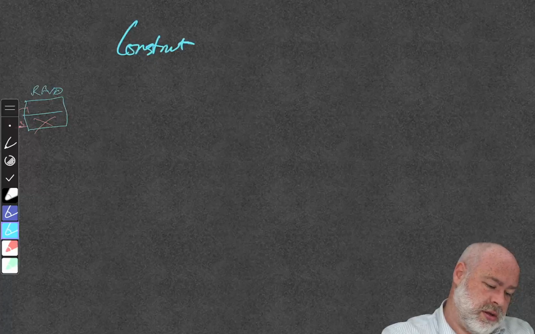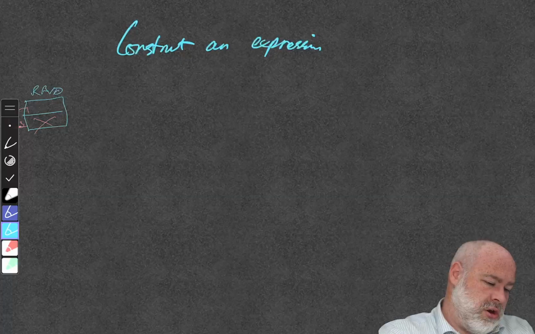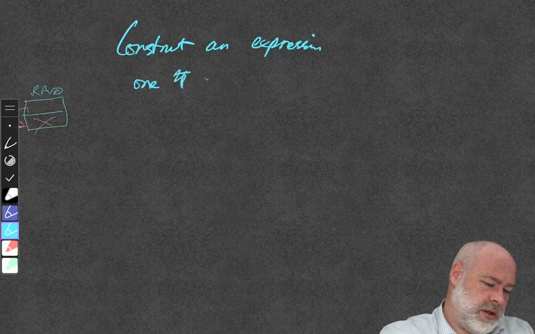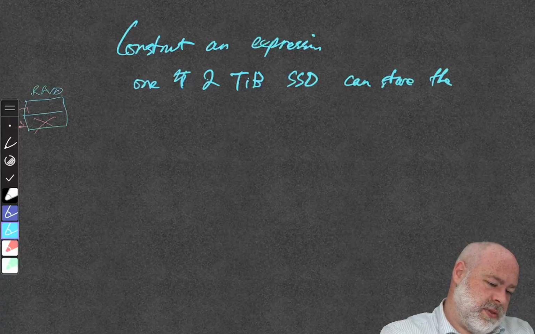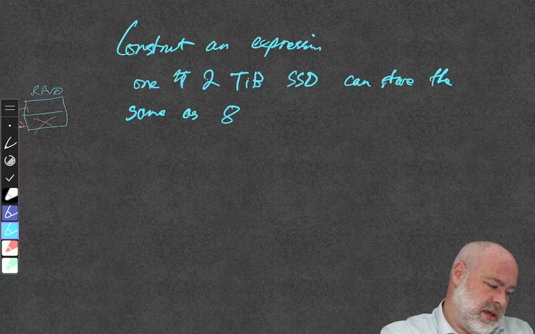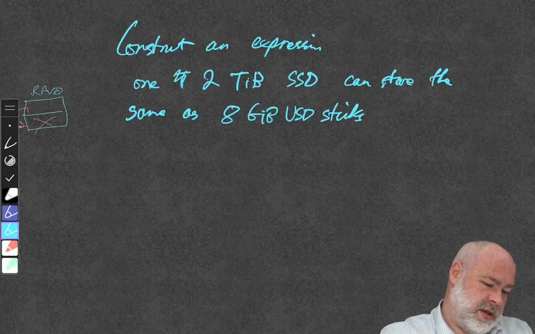Construct an expression to show, let's say, a 2 terabyte SSD disk can store the same as 8 GiB USB sticks, right?